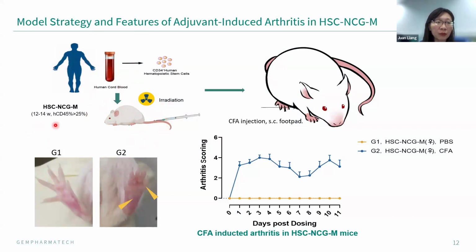After around 12 to 40 weeks, we could reconstitute human immune cells, including T cells, B cells, myeloid cells, and other innate immune cells. And then we inject CFA into the mice to induce arthritis. As indicated by this representative image, we could observe feet swelling in this model. And we could also observe an increased arthritis score in this modeling group compared with the non-treatment group.